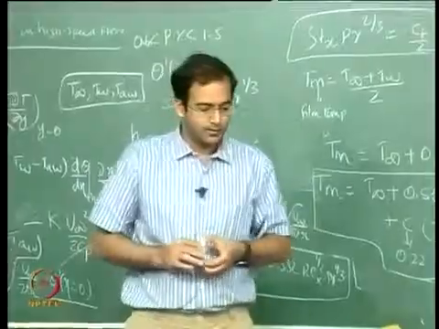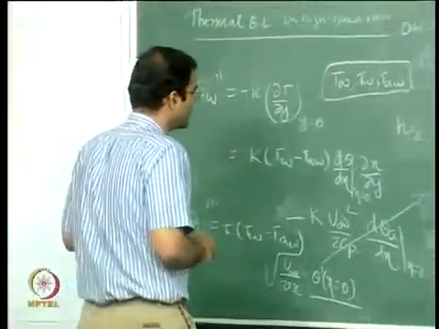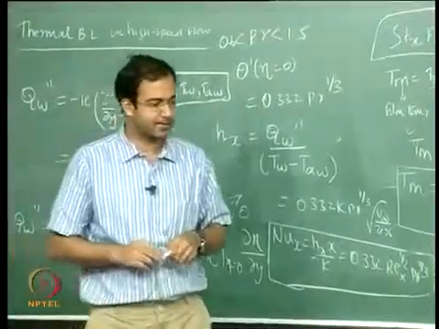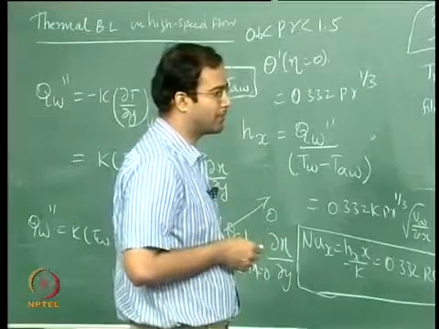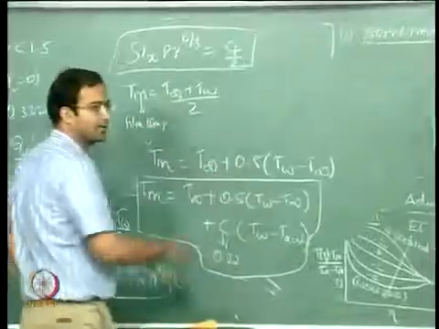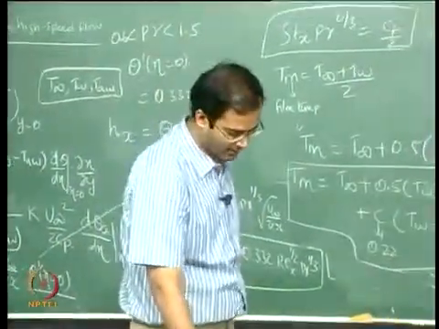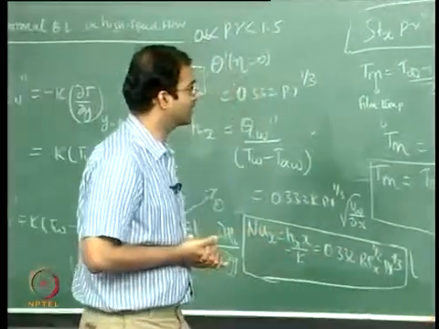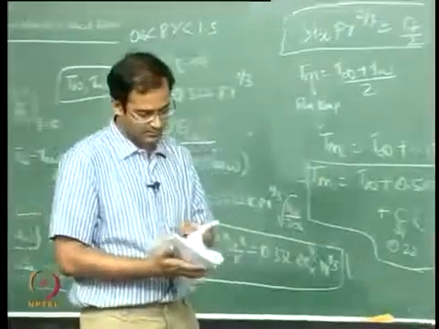You have to be careful that the definition of heat transfer coefficient is different, but finally the form of the Nusselt number is exactly the same, and the properties have to be calculated at the temperature in this particular fashion. So this is a very important thing. With this we have completed all the similarity solutions for external boundary layer flows.